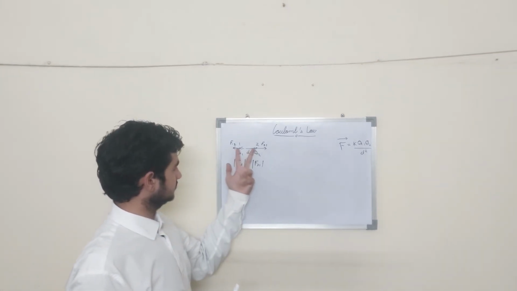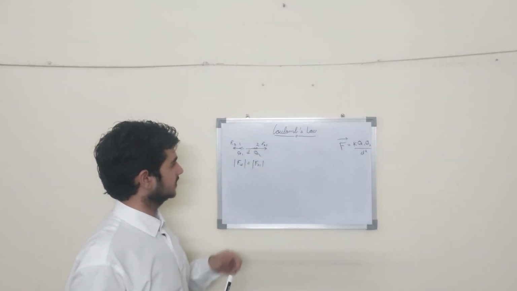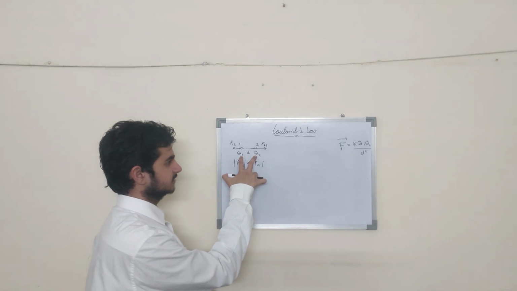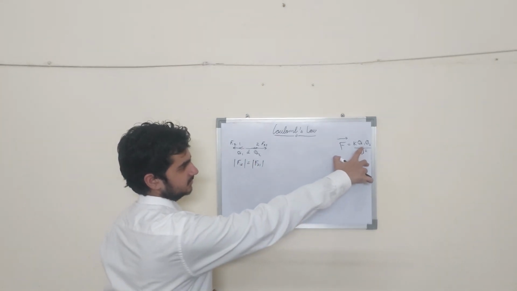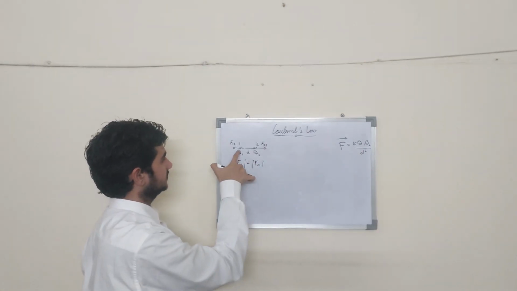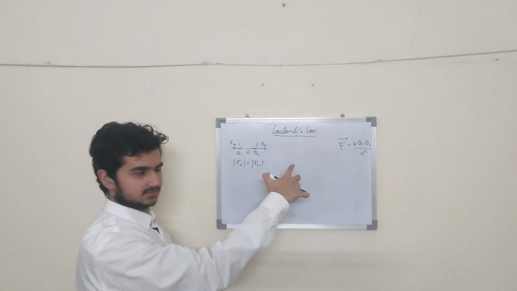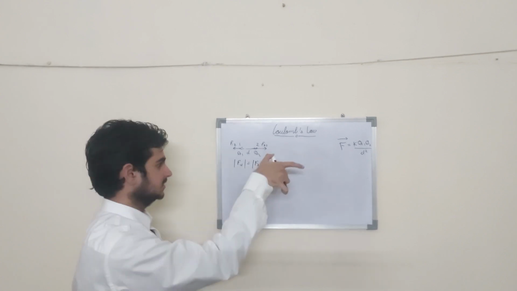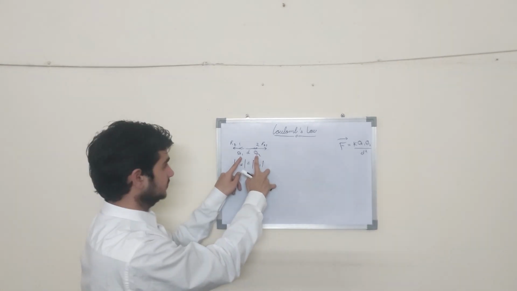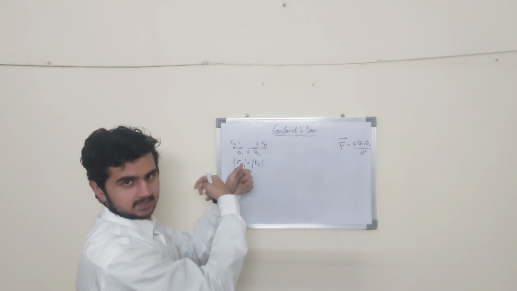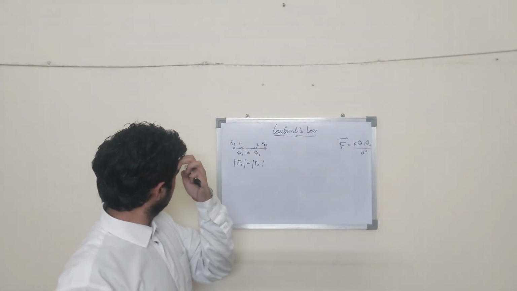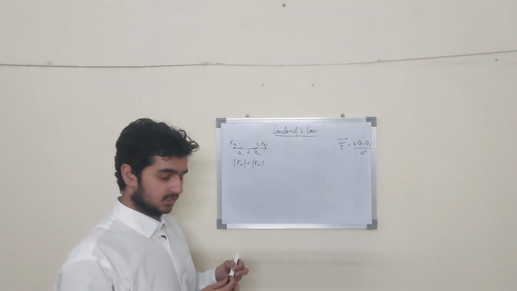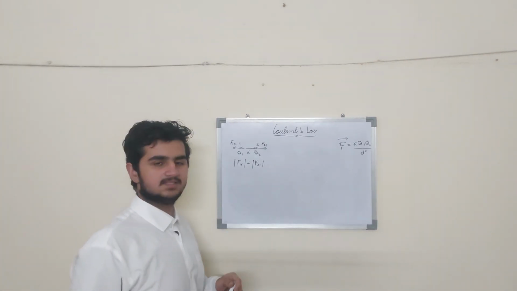And if they're unlike charges, let's say Q1 is positive and Q2 is negative, you can also see that the product would be negative, and that means that if a negative force is acting outside, that means a positive force is acting towards inside. So if they have different signs, they would get attracted towards each other. And I guess that also clears that like charges repel and unlike charges attract each other.